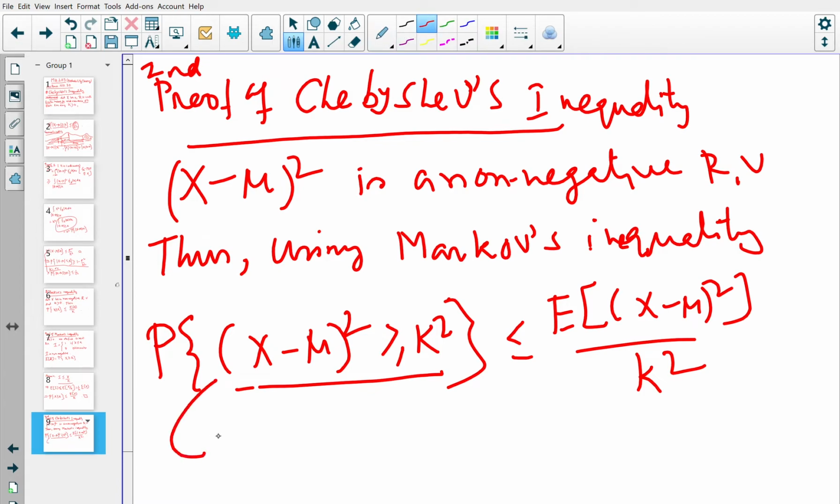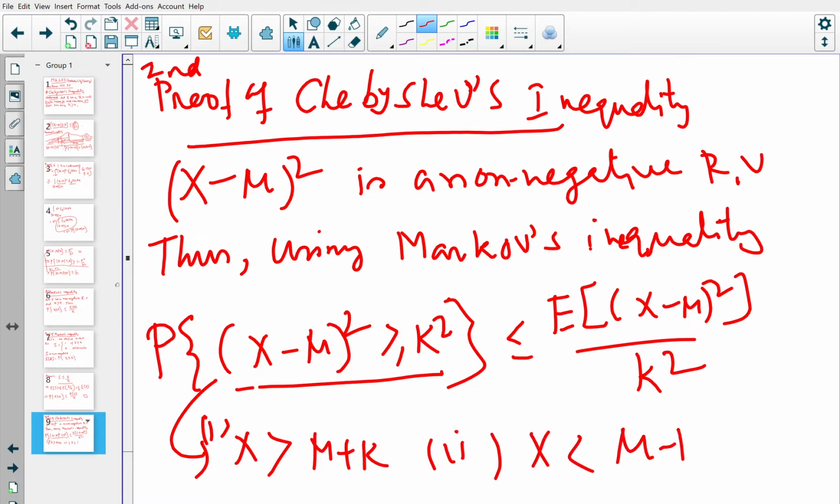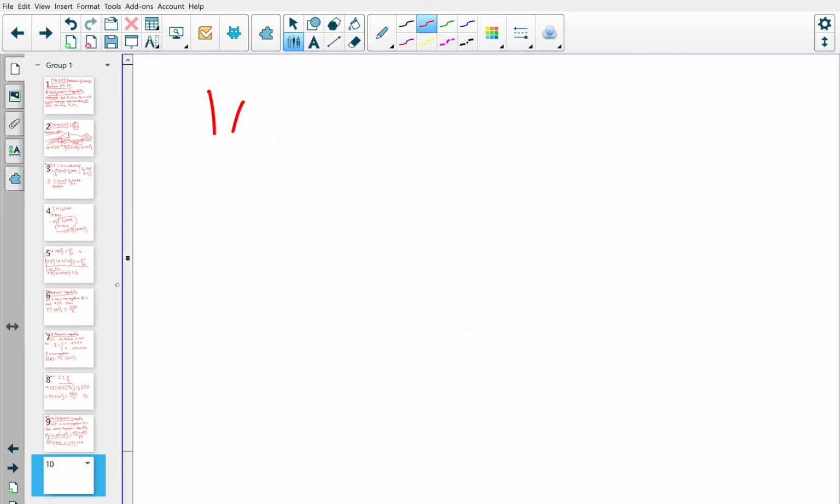So this implies that either case 1, x is greater than mu plus k, or case 2, x is less than mu minus k, right? In both cases, x minus mu whole square is greater than or equal to k square. And what does that mean? This means nothing but mod of x minus mu is greater than or equal to k. Clear?